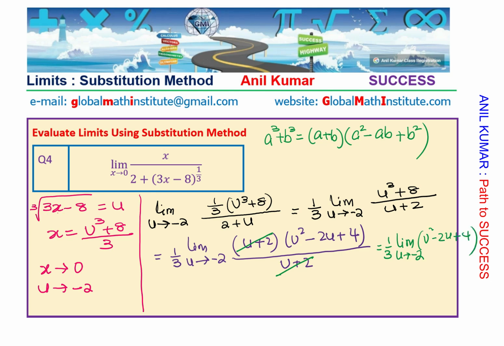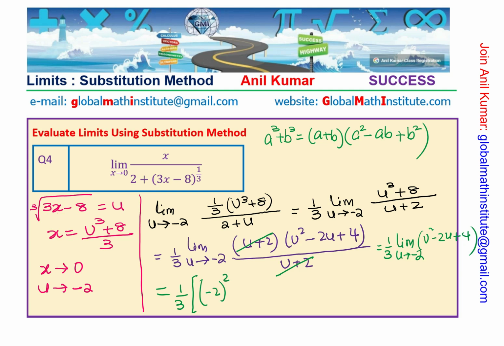So let's substitute u as minus 2 here. We get 1/3 of, in a square bracket, u square, where u is minus 2, so minus 2 square minus 2 times minus 2 plus 4.